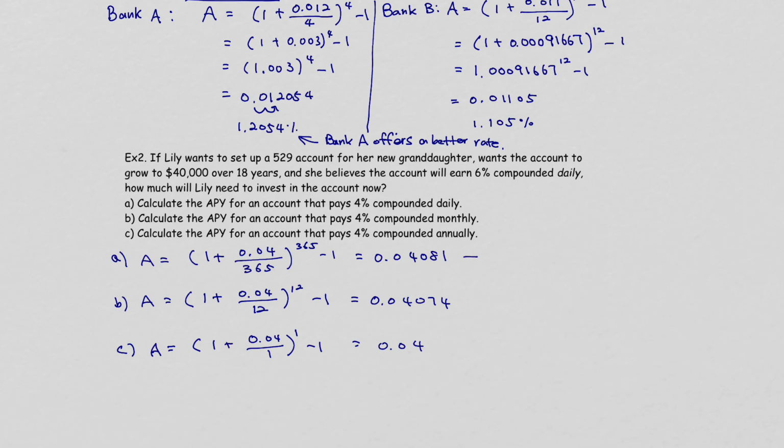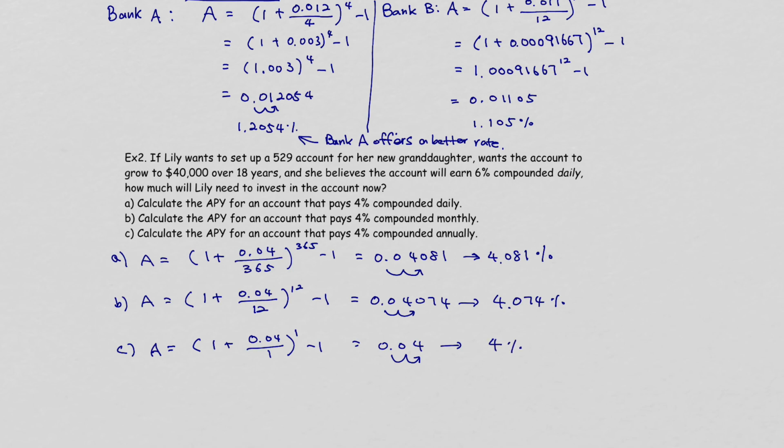And if we want to change that to a percent, don't forget to move the decimal 2 places to the right, right? So it gives you 4.081%, and 4.074%. And the last one is 4%.